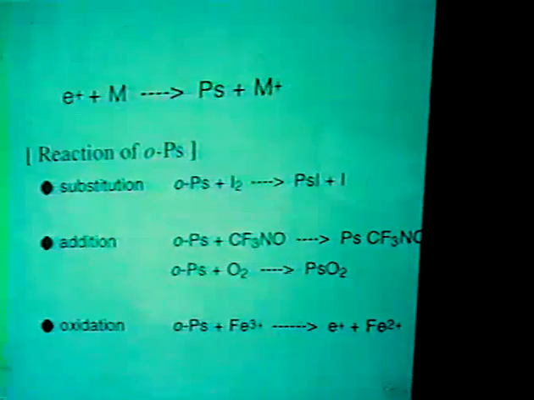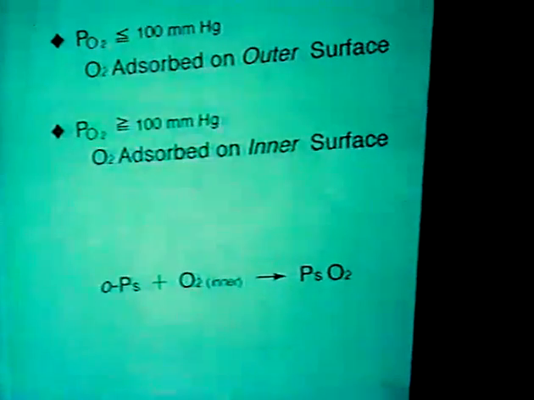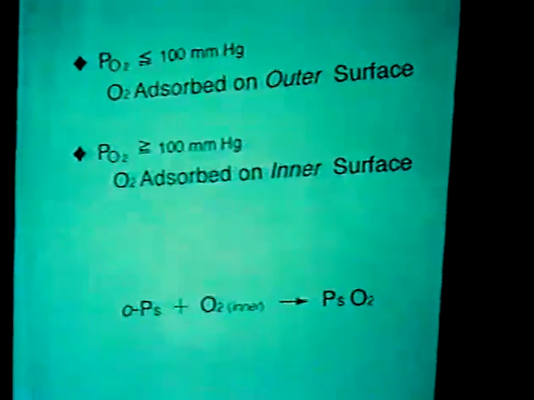Also, positronium reacts with molecules and forms chemical compounds, for example, substitution reaction, addition reaction and oxidation. Especially oxygen has large reactivity with positronium, and forms positronium oxide.